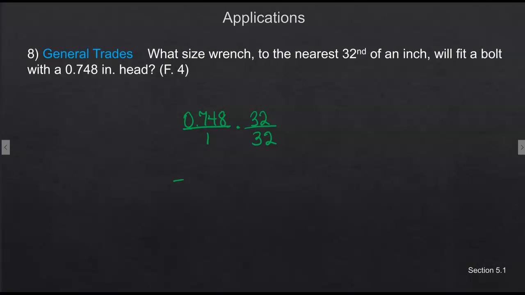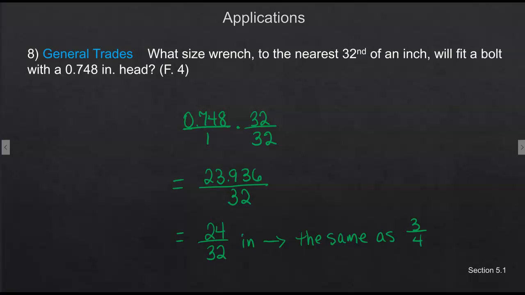So if we multiply, we get 23.936 over 32. And that's very close to 24. So 24/32 of an inch is the size of the wrench that we would need. And this is the same as 3/4 of an inch.